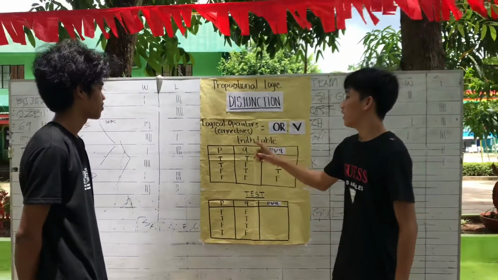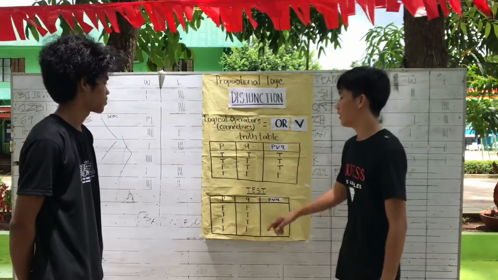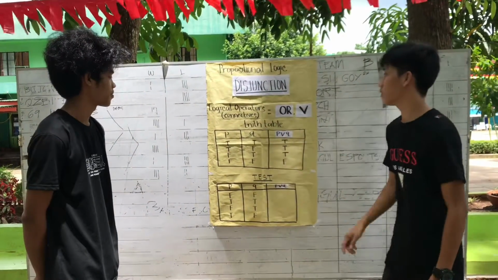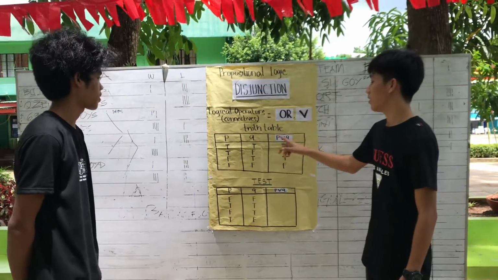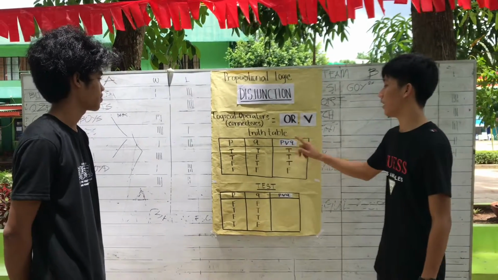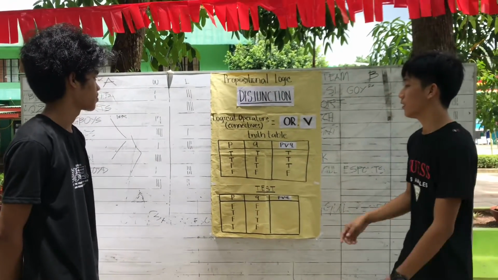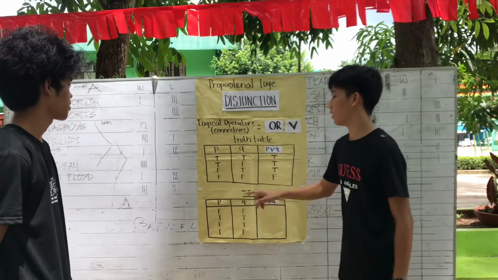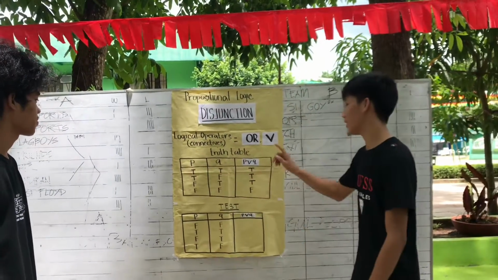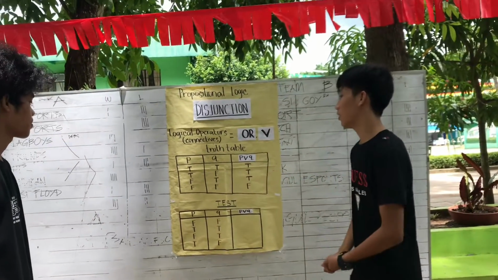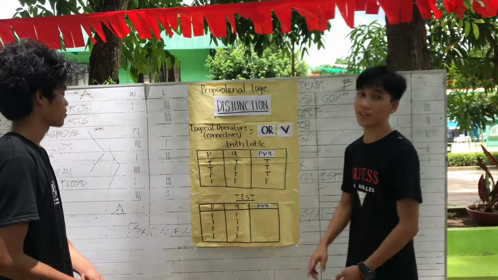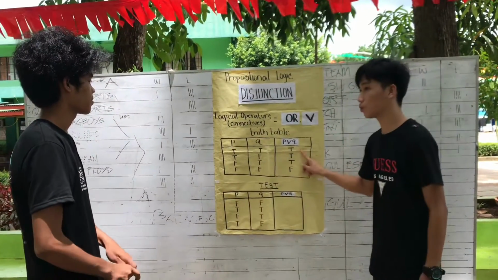Proceed to our truth table. We have the variable p and the variable q, and this is the disjunction of p and q. If p is true and q is true, then it is automatically true. If the first variable is true and the second variable is false, then it is automatically true.